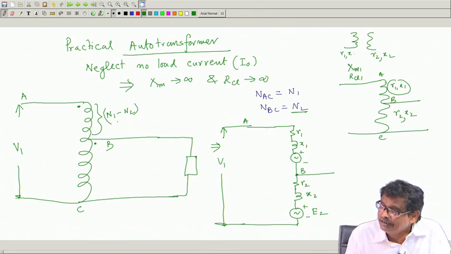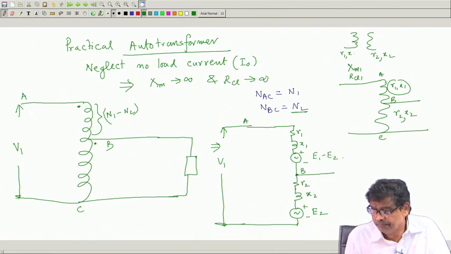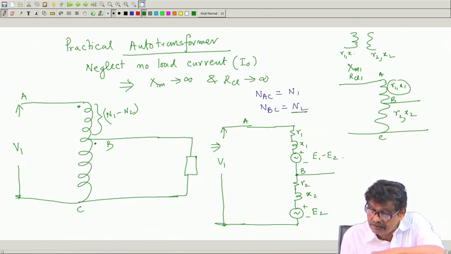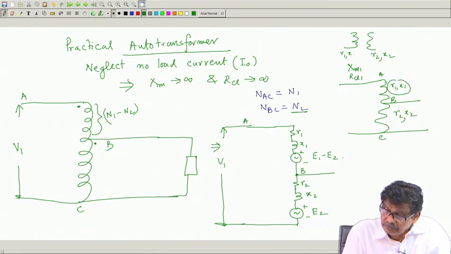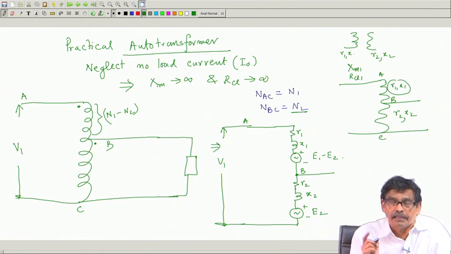It will be E 1 minus E 2. Are you with me? Because induced voltage in N 1 turns, if I call it E 1, induced voltage in N 1 minus N 2 turns will be as follows.